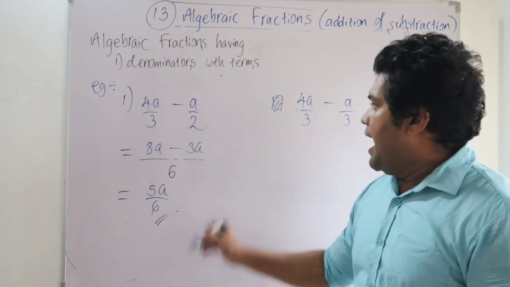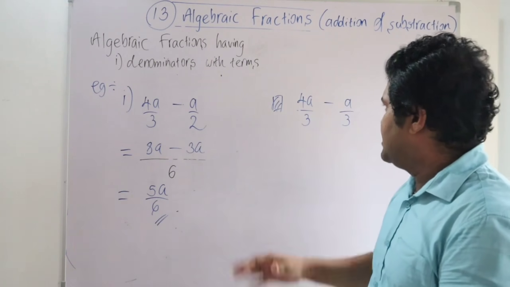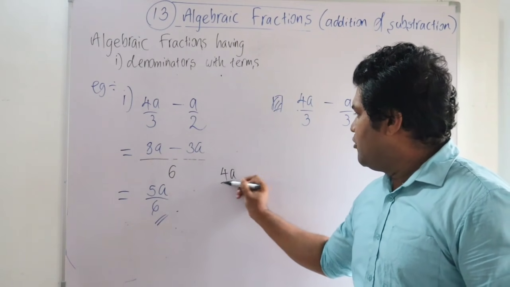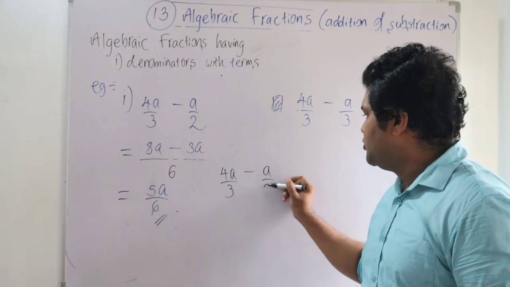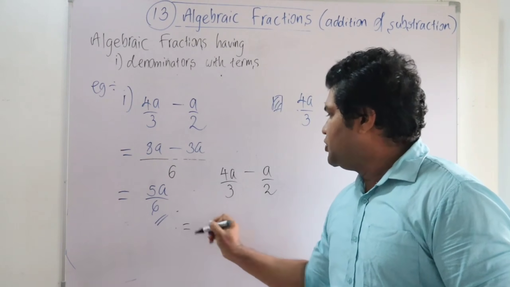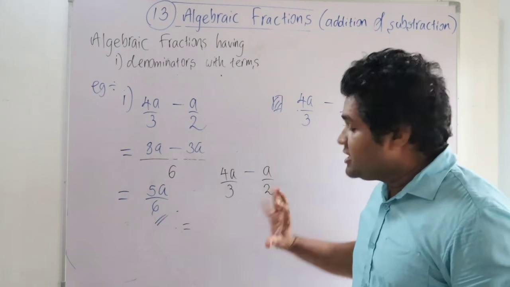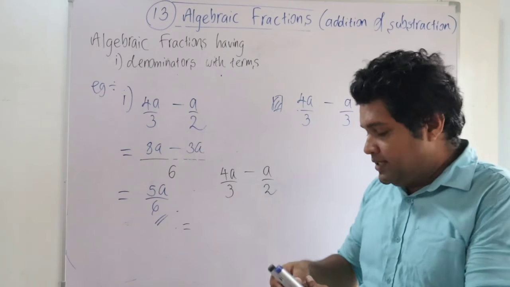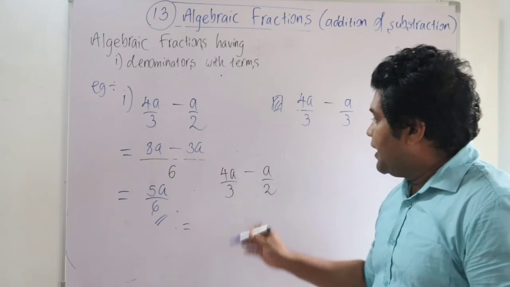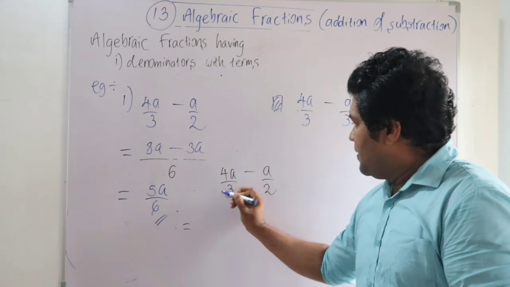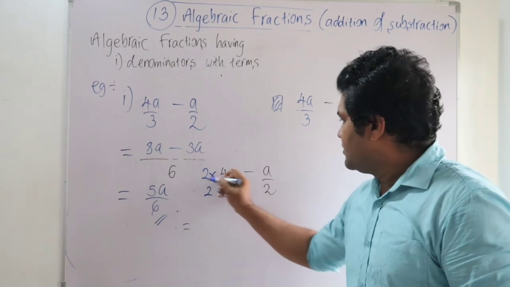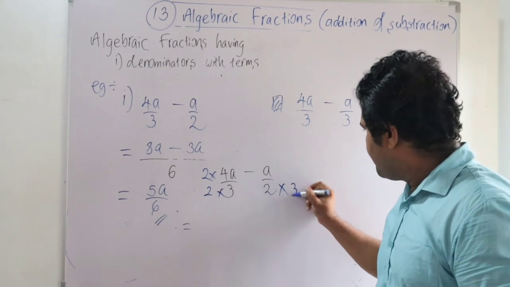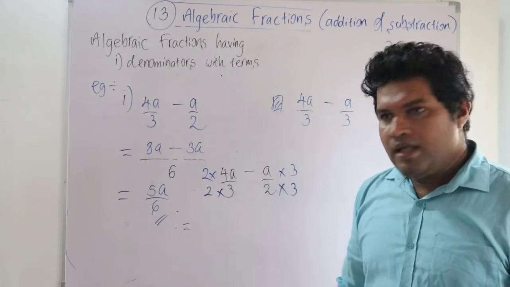Additionally, before we go to the next one, 4a over 3 minus a over 2, we can do this by adjusting the denominator. Because we got 6, some students write the denominators as the same one like this.